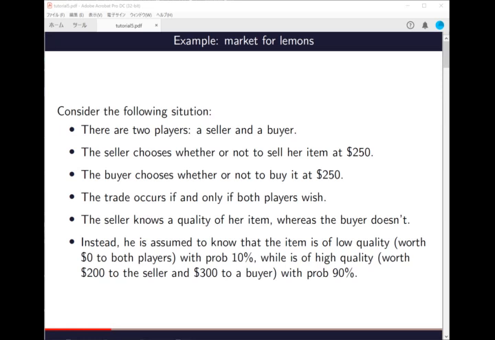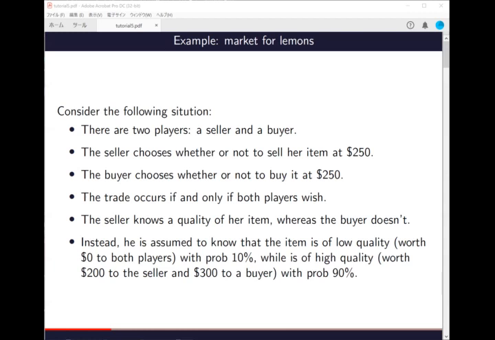The seller decides whether to sell the computer for $250 or not, and the buyer decides whether to purchase it at $250 or not. The seller and the buyer simultaneously choose whether to trade or not, and the transaction takes place only when both players wish to do so.